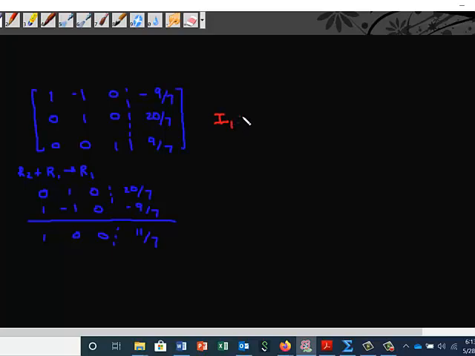Our first current is going to be 11 over 7 amperes, but we're going to convert this to a decimal, and I'm going to round this to the nearest tenths. So this is going to equal approximately 1.6 amps.